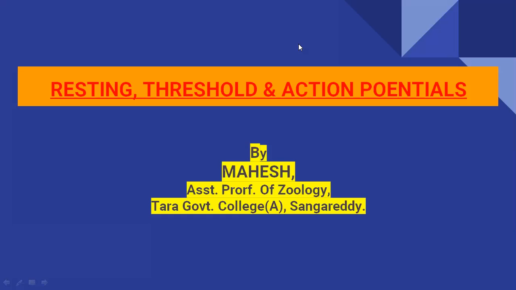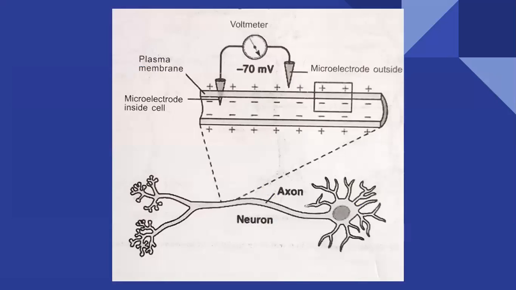In today's class, we are going to know about resting potential, threshold potential, and action potentials. These topics are very important to understand the functioning of the nervous system.